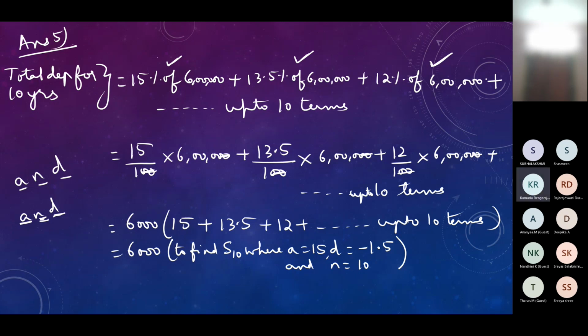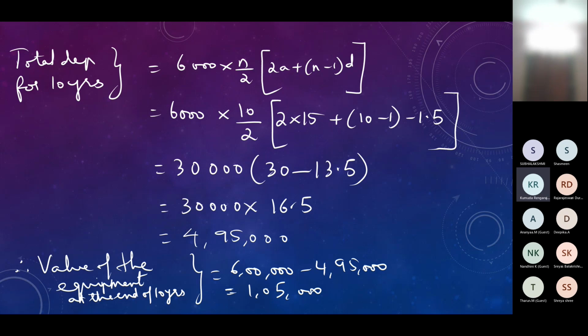So now you can use the Sn formula because the terms are in AP. Using the formula, you're able to find the value faster. The total depreciation for 10 years is 4,95,000. This is the depreciation. So what's the value? The original value minus the depreciation. So at the end of 10 years, the value of the equipment is only 1,05,000.